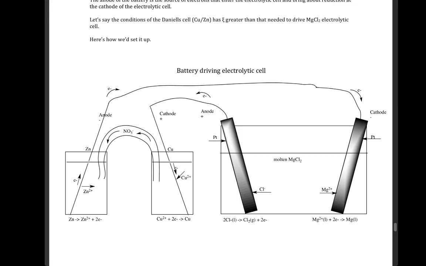Alrighty, so you see electrons going from the battery anode over to the cathode, and those electrons are causing Mg2 plus to be reduced to Mg.